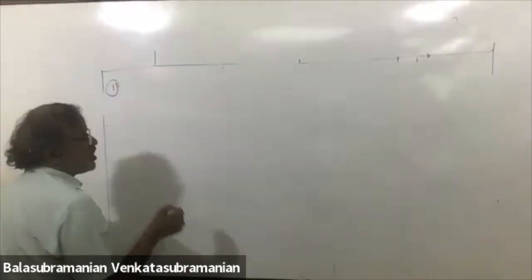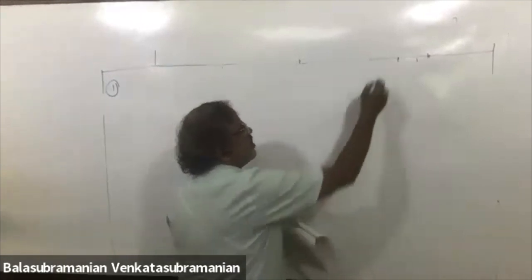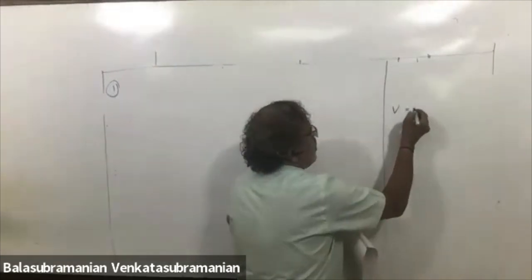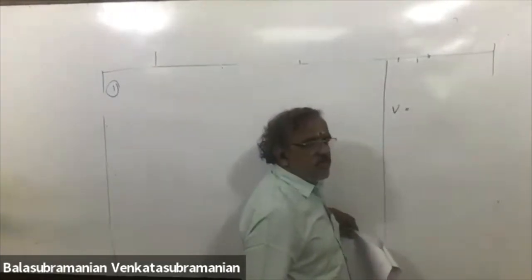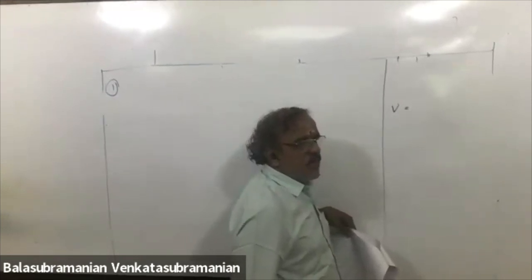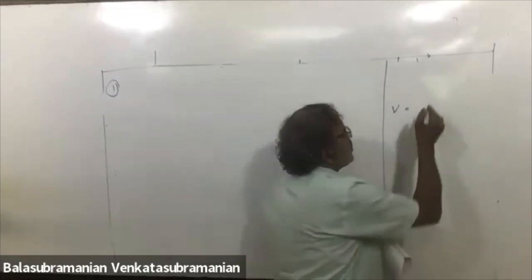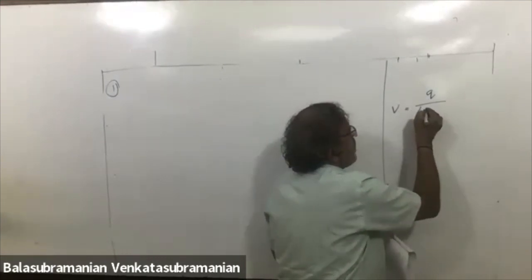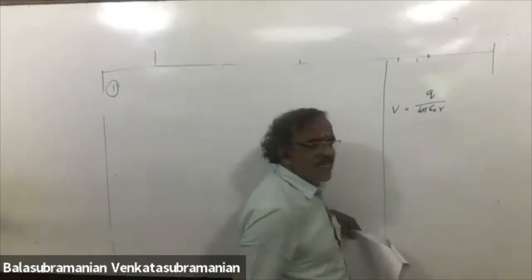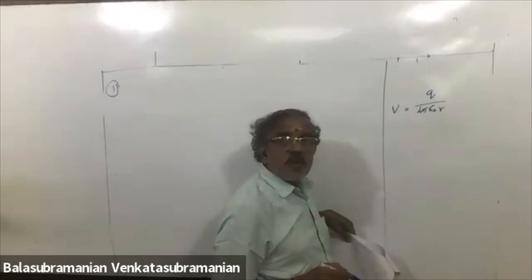Electric potential due to a point charge. The two things we forgot to discuss in the formula concept. V is equal to Q by 4 pi epsilon naught R. Electric potential due to a point charge.